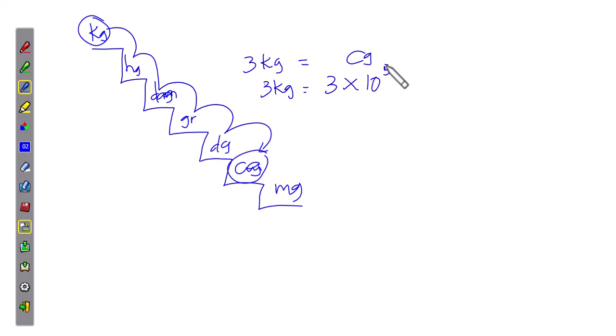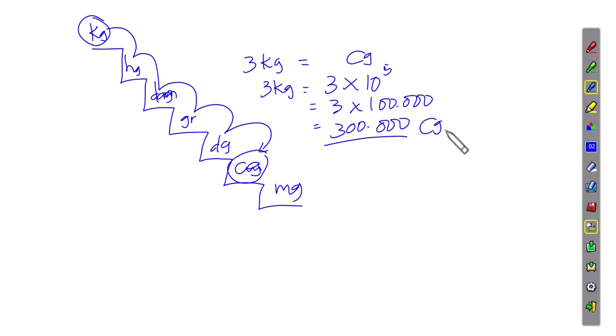Then we will have 3 times 100,000 equal to 300,000. The point of converting this one is don't forget about the units. So after you find the result, put the units to know that you have converted from kilogram to centigram.